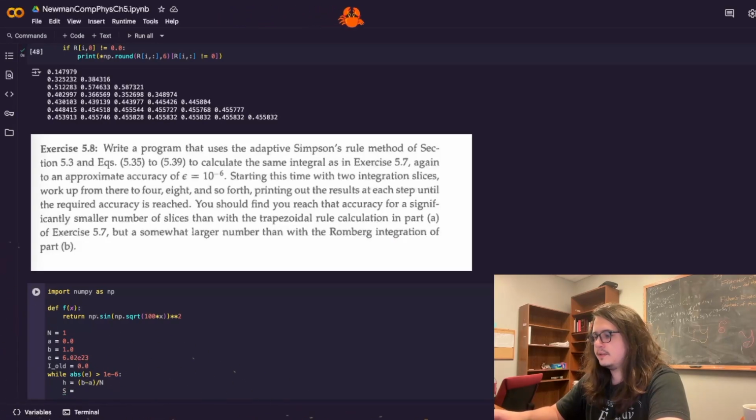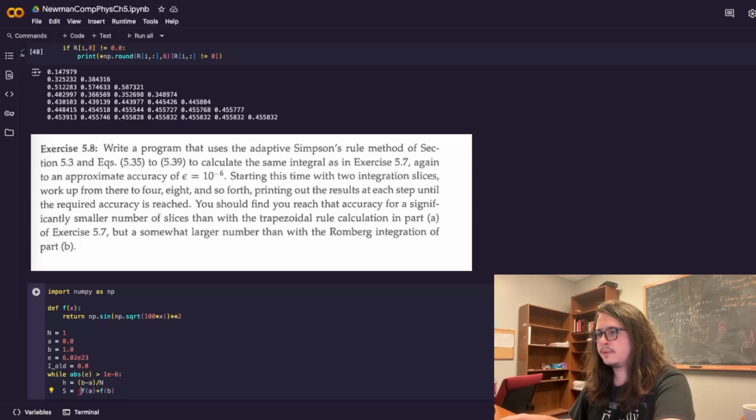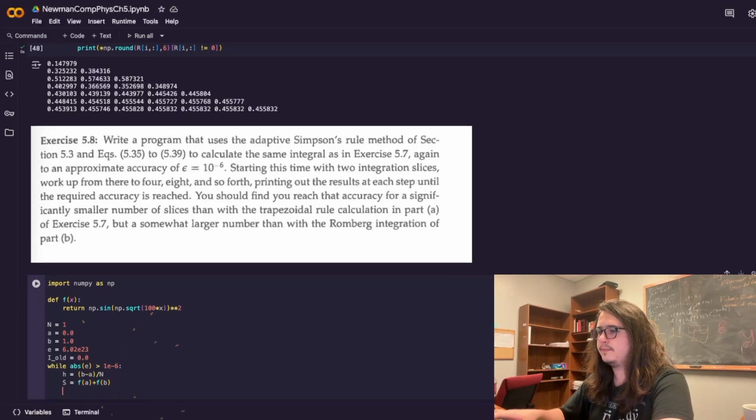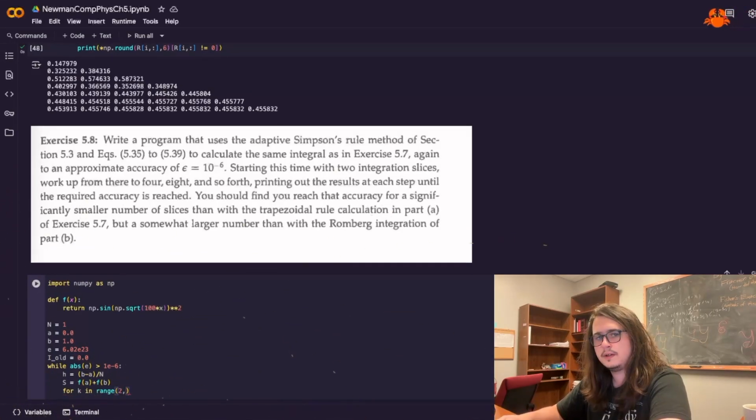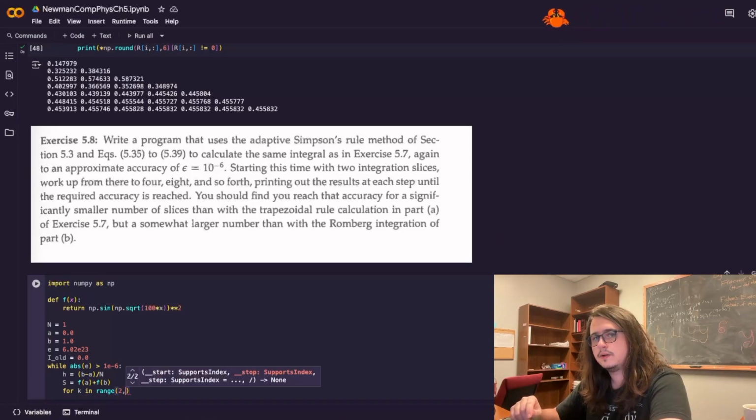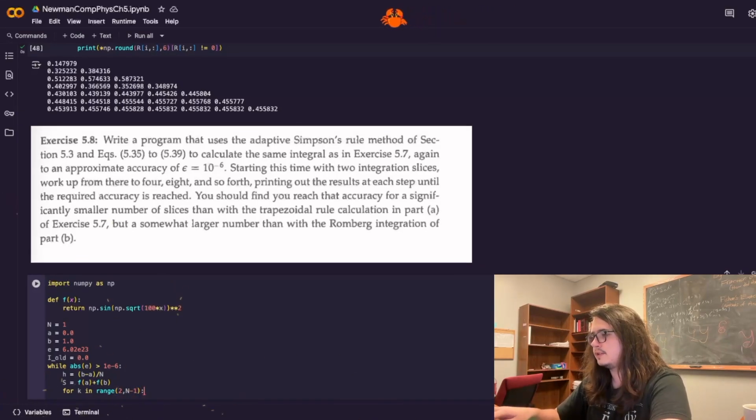S is going to start out as f of a plus f of b, with nothing around them. Then you do a for loop for k in range 2 to n minus 2. You want k to be n minus 2, so we set it to n minus 1 for the maximum.